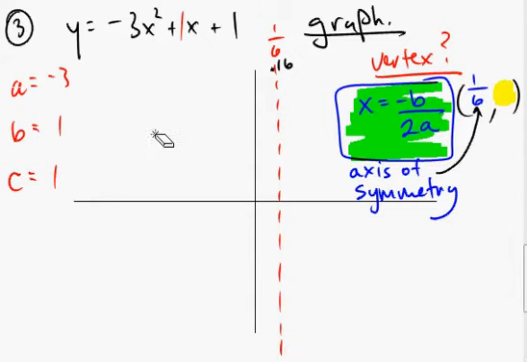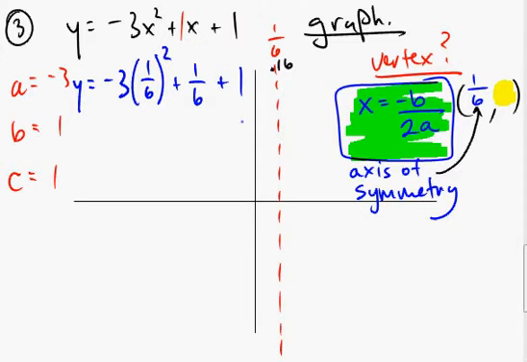So then the big question is, how do we figure this out? If x is 1/6, what's y? Yeah, plug in the 1/6 into here, right? Good job, Tony. So you get y equals -3 times 1/6 squared, right? Plus 1 times 1/6, I'm just going to write 1/6 plus 1.